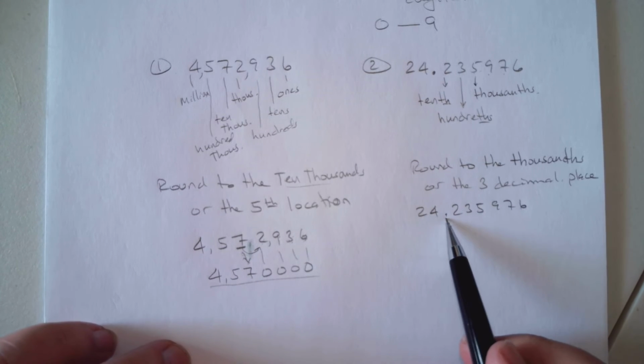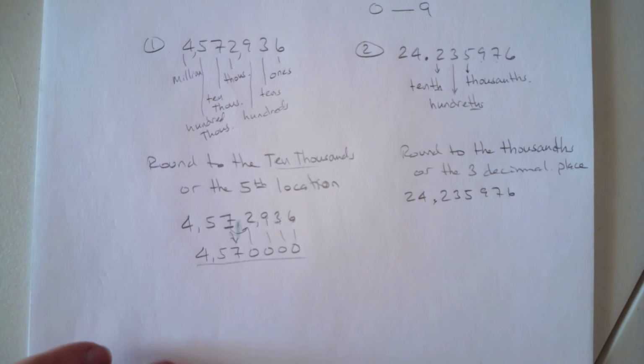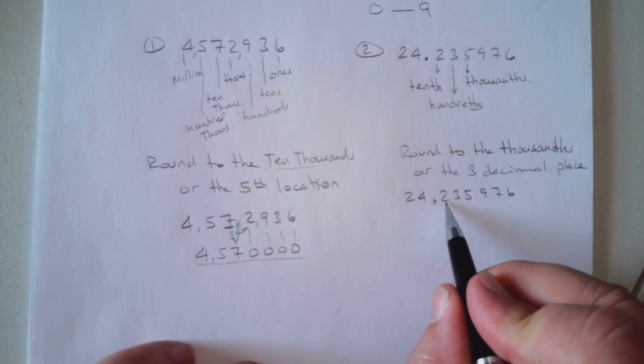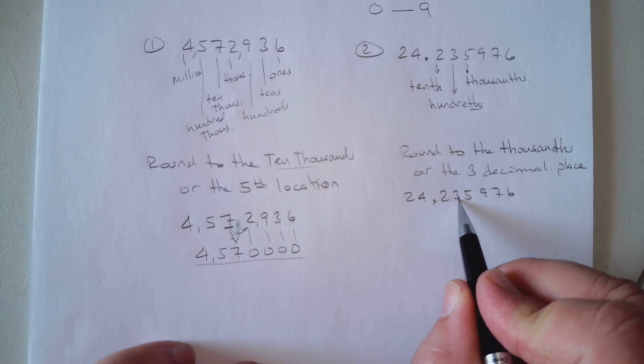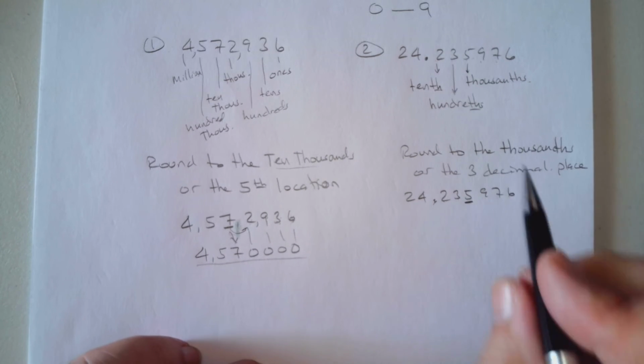Notice now in the decimals we don't put commas. It's only for the big numbers. Here's the tenths, hundredths, thousandths. We're rounding to that number.